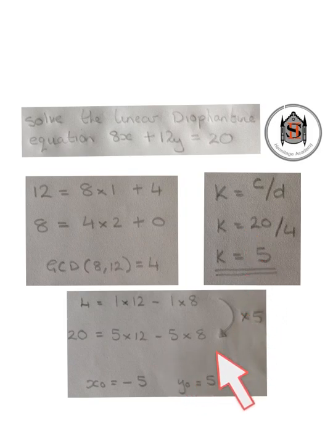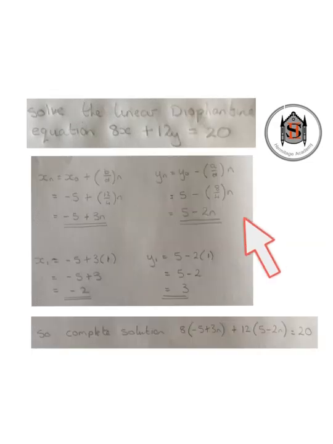Once I've done that, I can read off from the equation what my initial values are for x and y. So my initial value for x is minus 5, and my initial value for y is positive 5. Now that I've found my initial conditions, I want to go on and find my general solution for each.